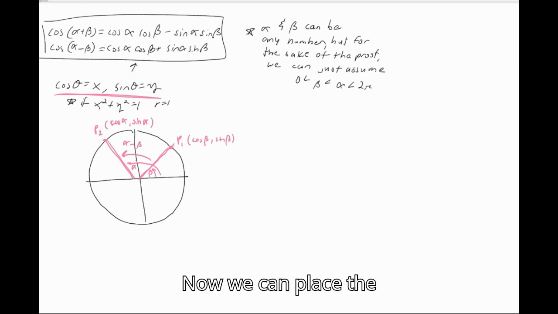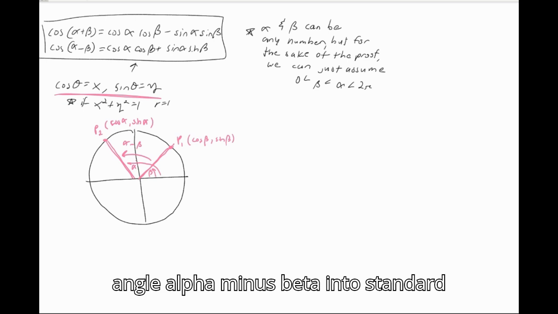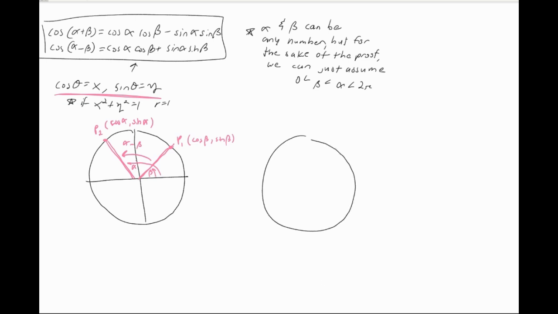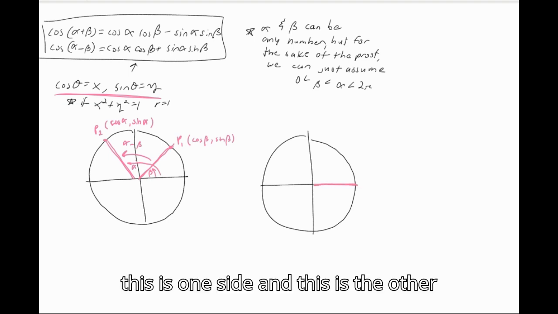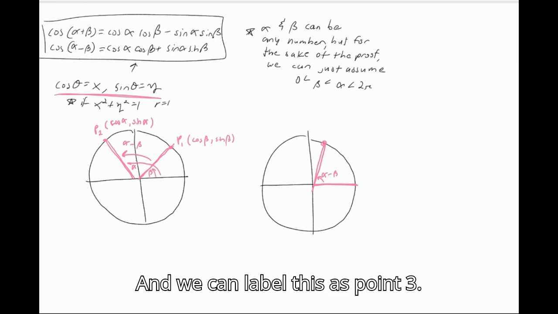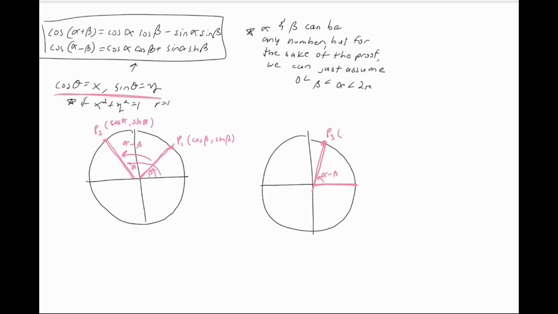Now we can place the angle alpha minus beta into standard position. So if we draw another unit circle, this is one side and this is the other side. And we can label this as point 3.